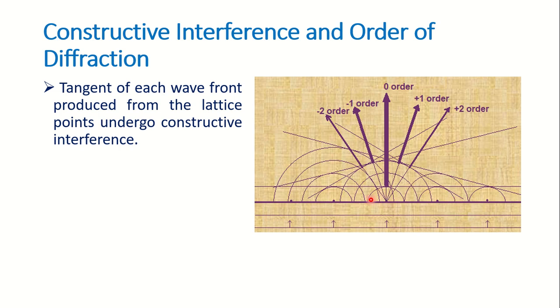Now if you take the tangent at this point of the first wavefront after having completed 1 lambda, and this one's tangent at this point, then this one and this one will undergo constructive interference, resulting in this line. This line results from constructive interference.